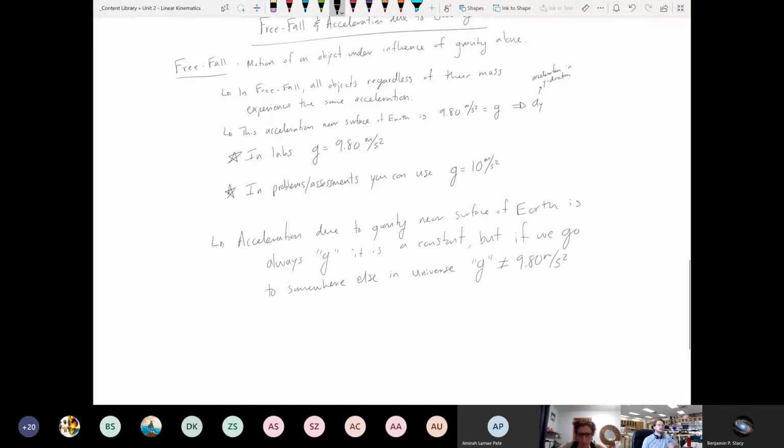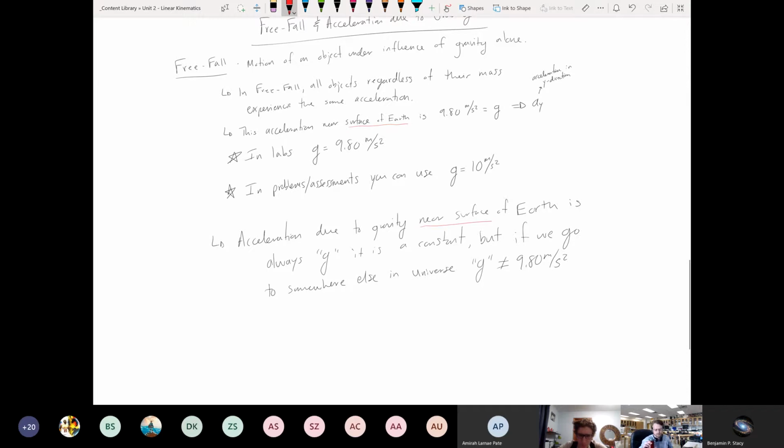It's going to be different depending on the mass of that moon we go to and how far away we are from the surface or the center of that object. So little g being equal to 9.8 meters per second squared, that's just at the surface of the Earth, and that's what we're talking about. Everything we're dealing with right now is near the surface of the Earth. But just know if we go somewhere else, it's going to be different.